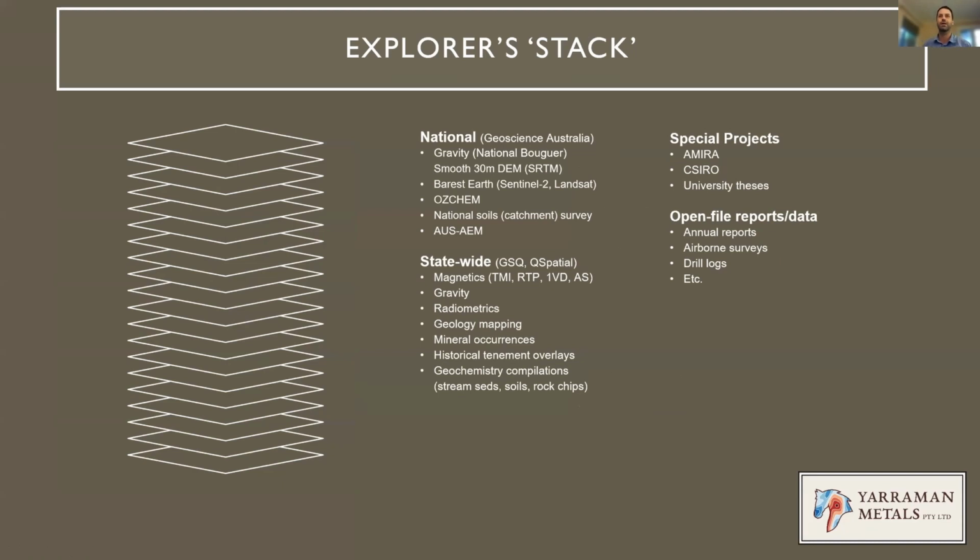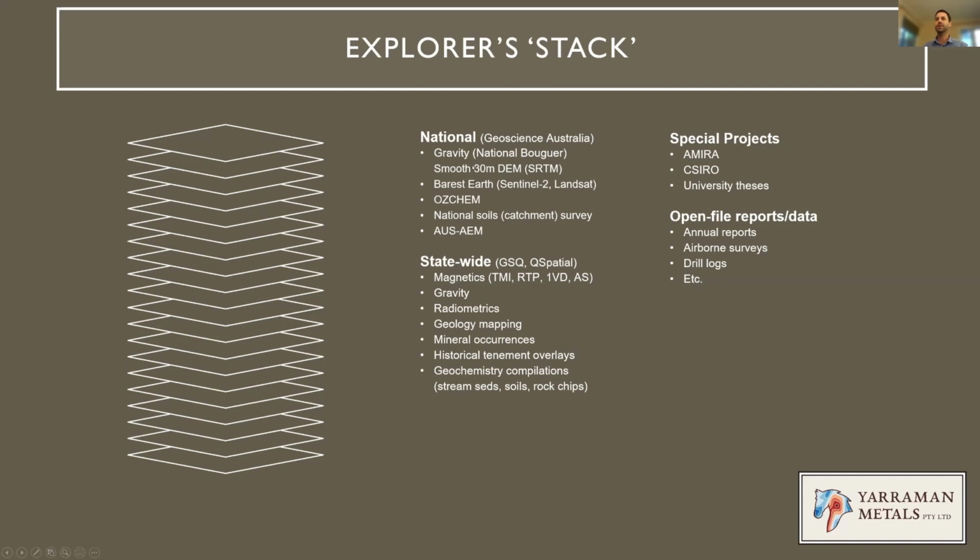Some of it's live coming in on an open web service, and some of it is a data set that might be up to 60 gig and you have to store it on your PC. There's a tremendous amount of data out there, and I'm only going to touch on a few of these sources, but the things I like to use: Geoscience Australia's gravity image of Australia is pretty good.